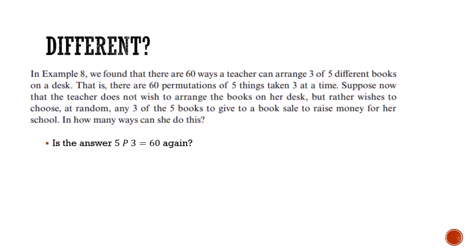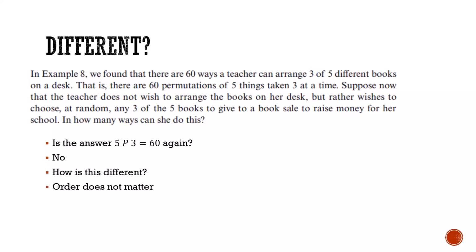What is different here in this scenario than the other scenario? Any thoughts? Something doesn't matter here that matters when you arrange them on a shelf. Yeah. The order doesn't matter, right?